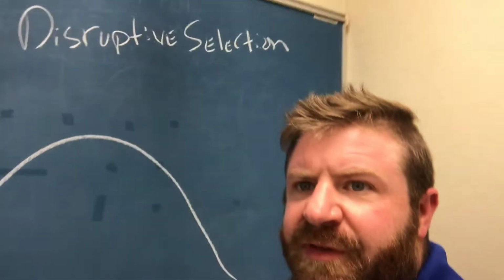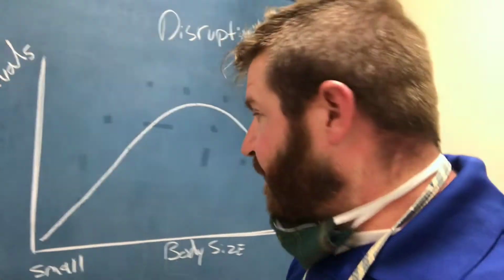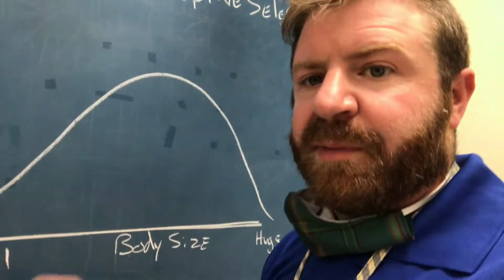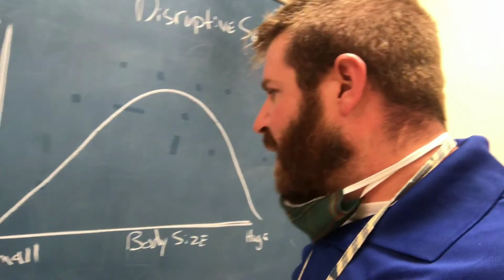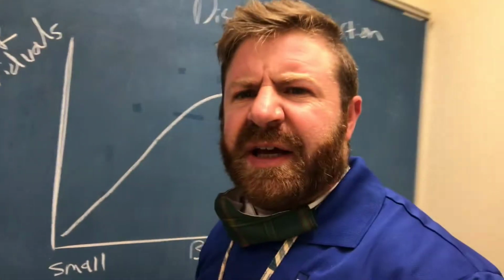And in disruptive selection, something has happened in the environment or the habitat that is selecting either extreme of the population. Not the middle. The middle's being selected against, okay? And so what we'll have is, let's say there's a habitat change and instead of forests now, there are plains and there are caves, right?